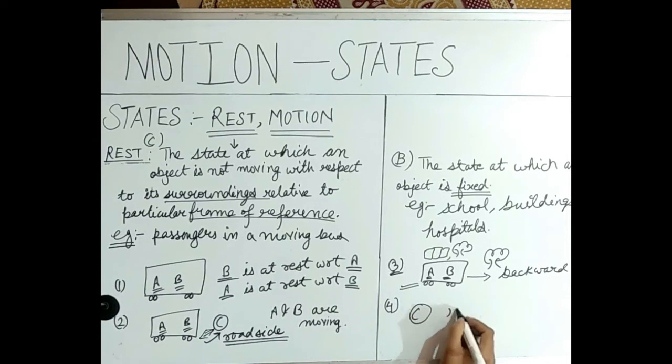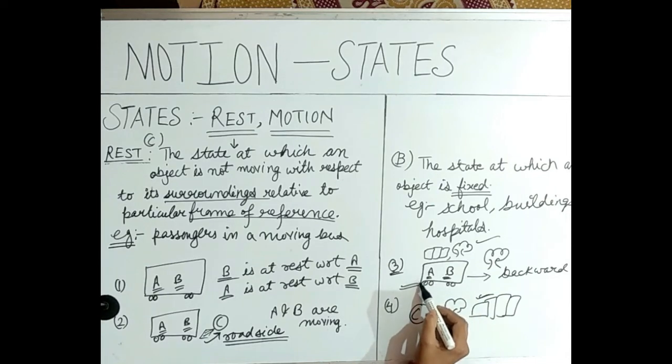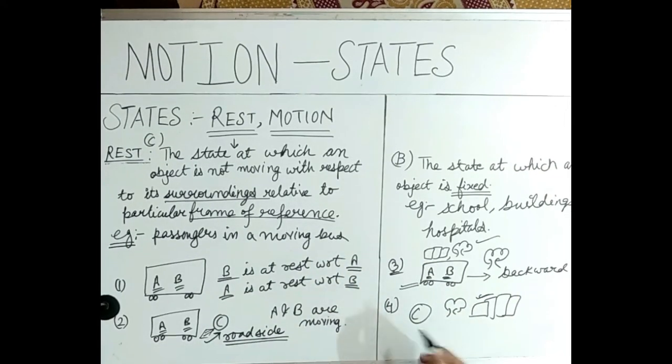He will see that the trees and buildings are at rest. So they are the same trees and same buildings, but according to the frame of reference, their context has changed. With respect to A and B, all the trees and buildings are moving backward, but with respect to the person C who is standing still, the trees and buildings are at rest. So frame of reference is very important.